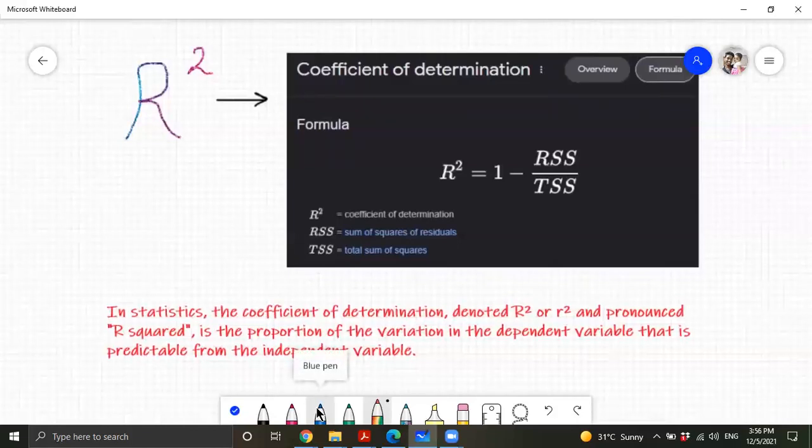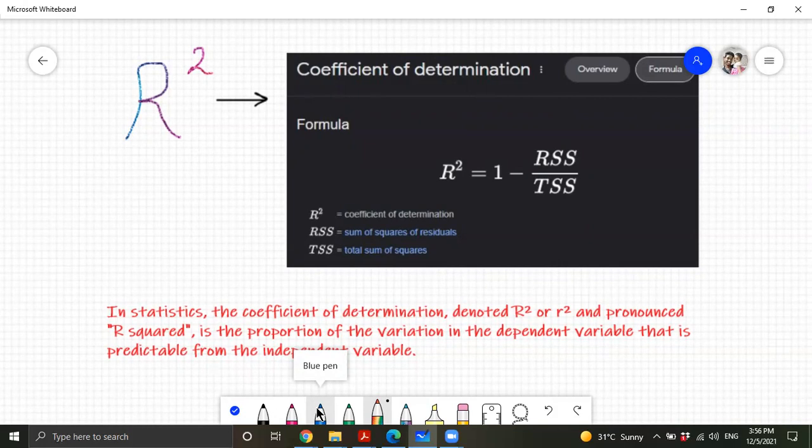In machine learning or statistics, we build a model. Using that model, we predict the outcome or the value for the test data, some data points. We input some data points and we get some predicted value. This predicted value is not going to be exactly the same.